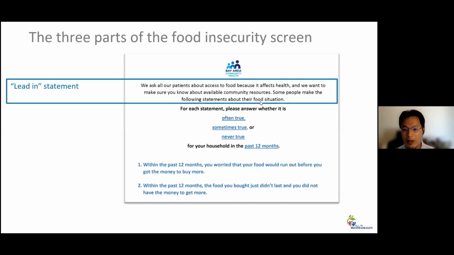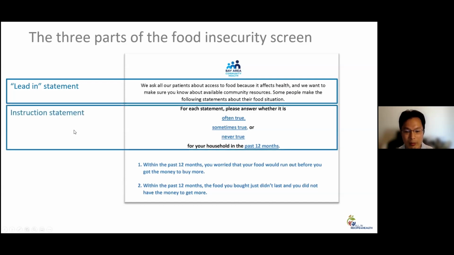Some people make the following statements about their food situation. And this is the instruction statement. For each statement I'm about to read, please answer whether it is often true, sometimes true, or never true for your household in the past 12 months.